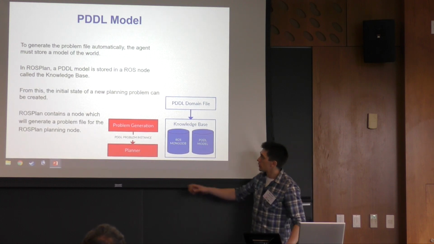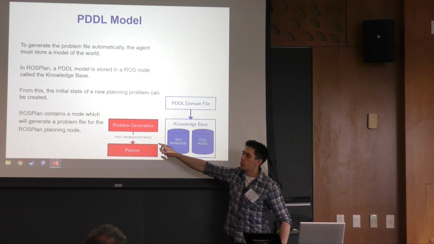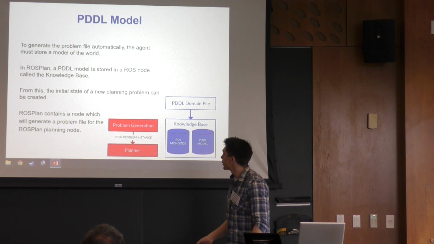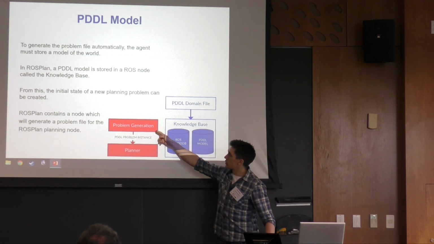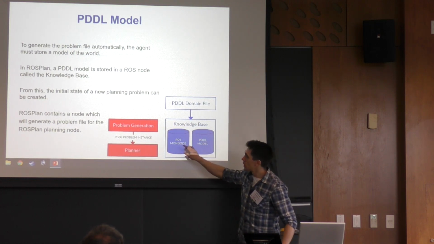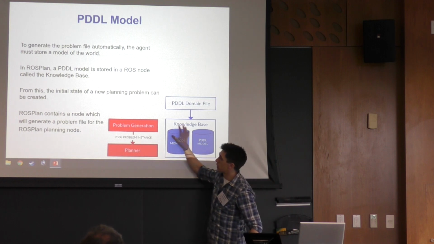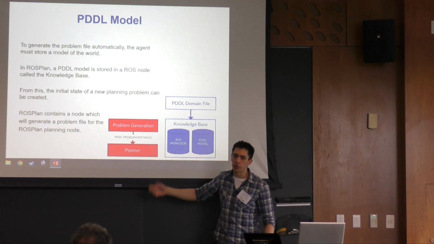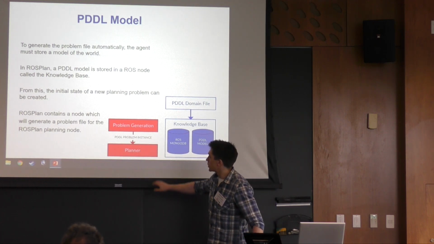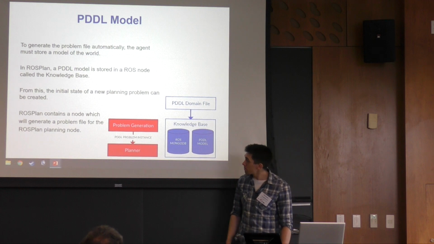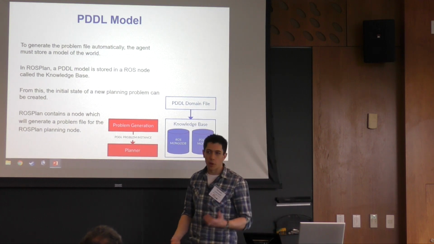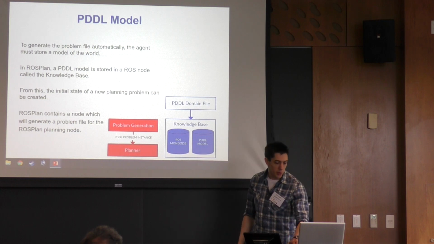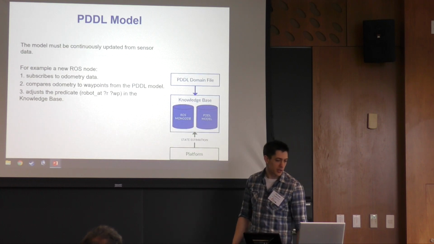Finally, this allows a new node to be generated which will take on topics that you specify in the launch parameters, a new problem instance and the domain file from this knowledge base, and generate a PDDL problem instance in one of the flavors of PDDL to be passed to this node, the planner. I mean, the greatest benefit of this is you no longer have to keep writing your own problem instances, which I think is ideal.